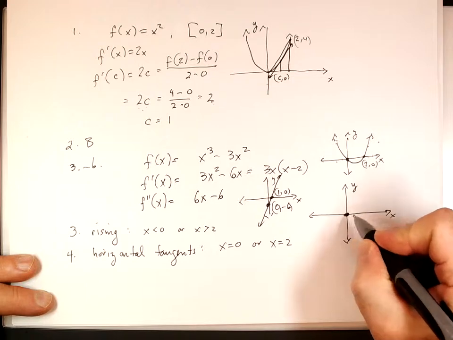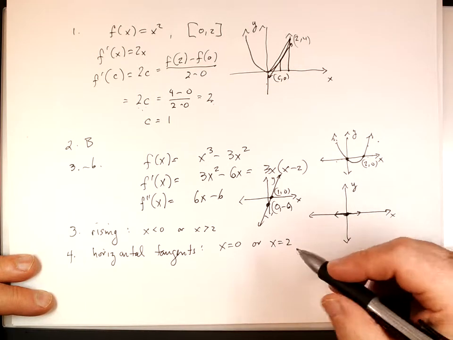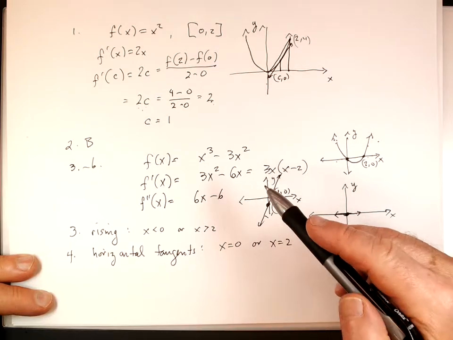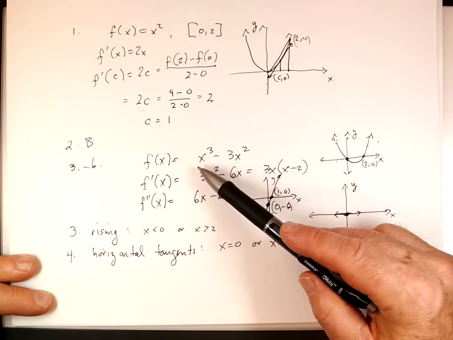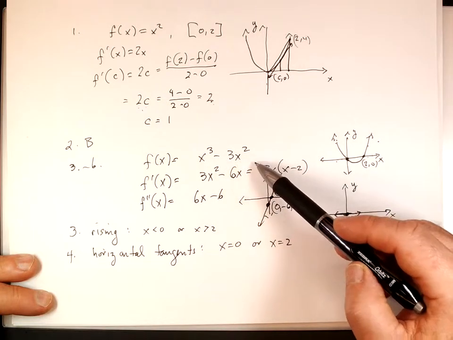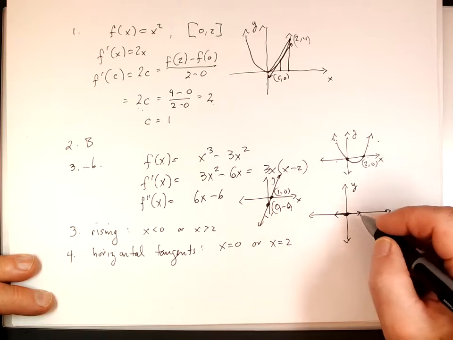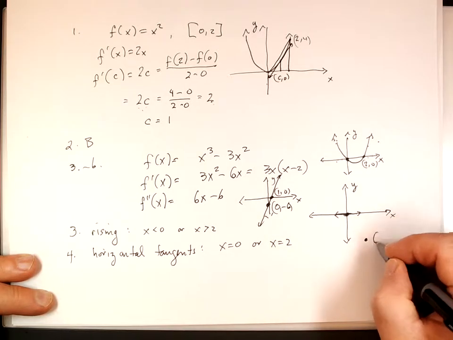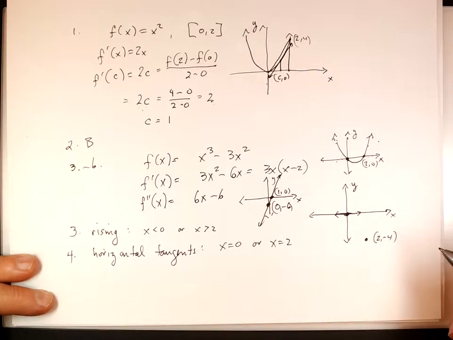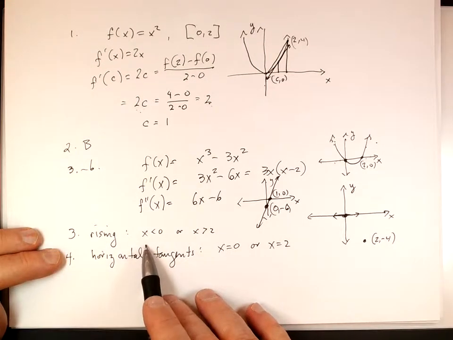At point 0, 0, I have a horizontal tangent. Let's take x equals 2. When x is equal to 2, my function is equal to 8 minus 3 times 4, 8 minus 12, negative 4. At 2, negative 4, I also have a horizontal tangent. I have a graph that's rising when x is less than 0.